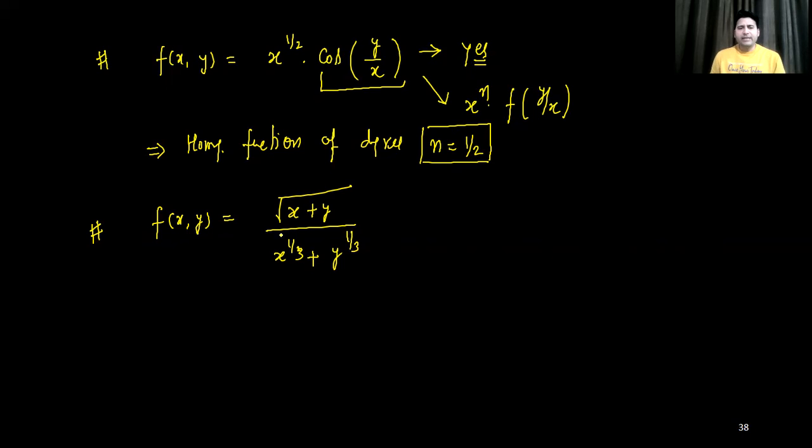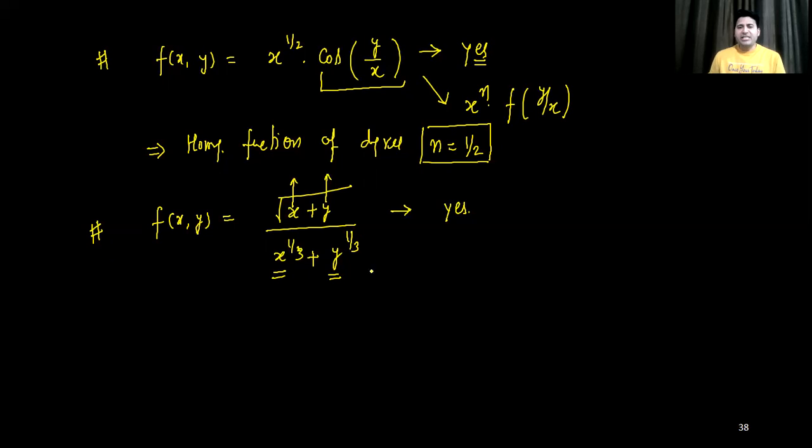Obviously, I think you understood that it is a homogeneous function. As you can see, the degree of the numerator is 1 upon 2. So the numerator is a homogeneous function of degree 1 upon 2. The denominator is also a homogeneous function of degree 1 upon 3.